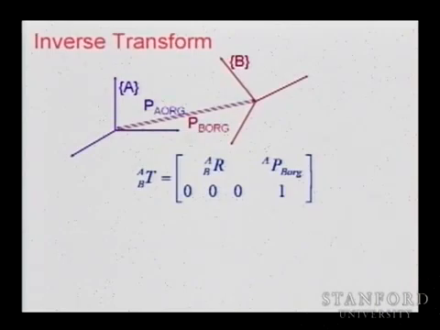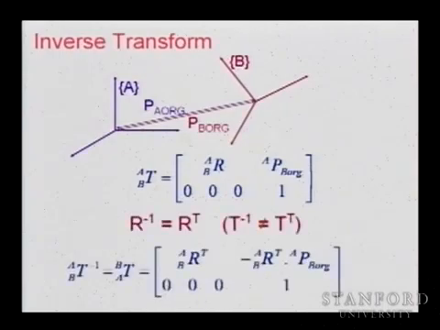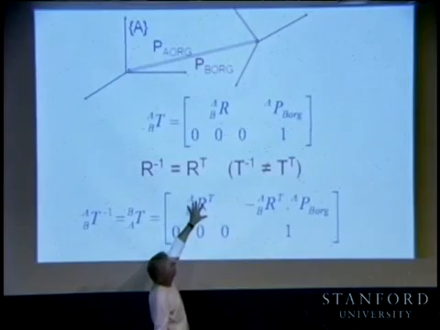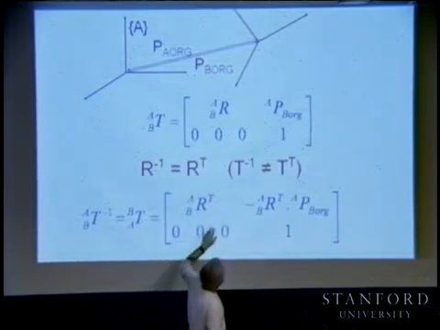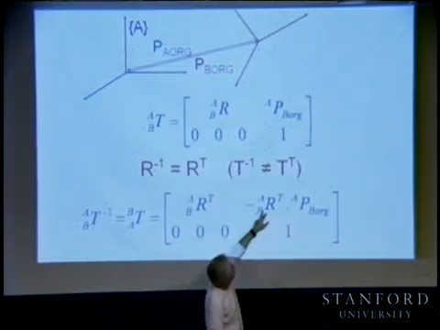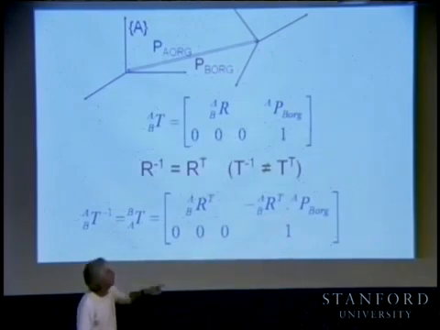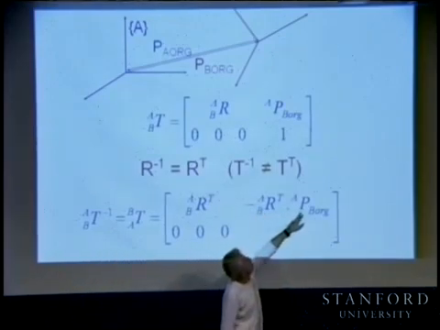So the inverse is not exactly the transpose of this matrix, but it is almost. If you look at the inverse of this matrix by block, you will see that you have the transpose of the rotation here. The only other thing you have here is the description of the inverse of this vector.